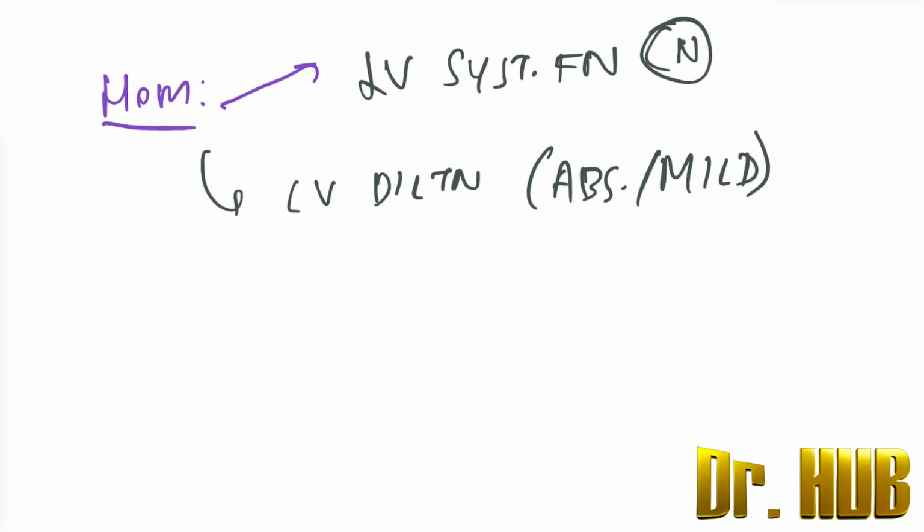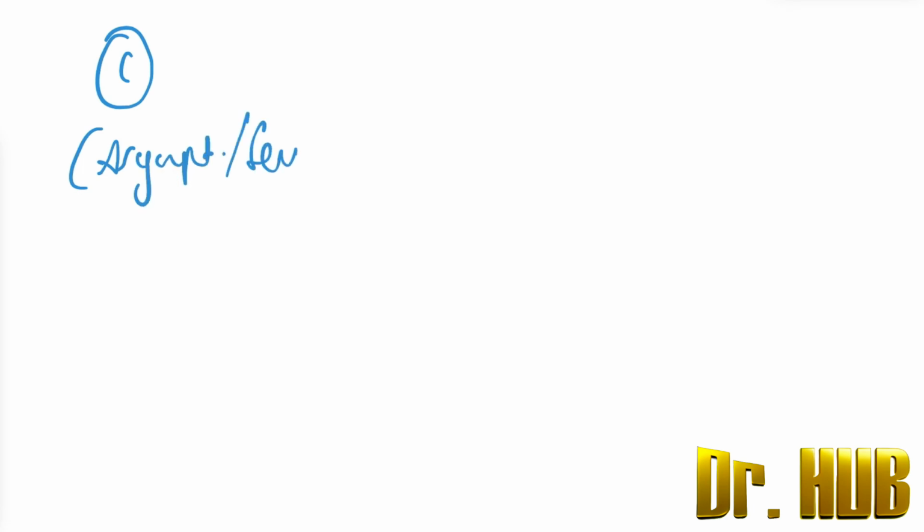Then we move on to stage C. What's happening in stage C? Here in stage C, it is asymptomatic severe AR, the presence of severe AR without symptoms.